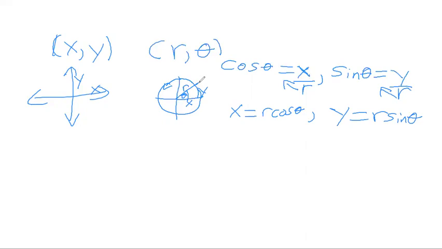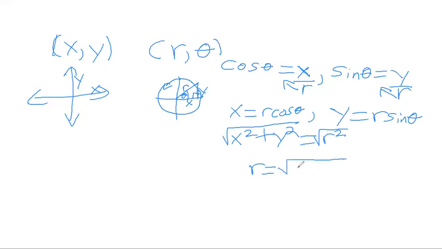Another important aspect is we look at the triangle here. We know this is a right triangle. What does r equal? Pythagorean theorem: this side squared plus this side squared equals our hypotenuse squared. So x squared plus y squared equals r squared. Take the square root of both sides: r equals the square root of x squared plus y squared.